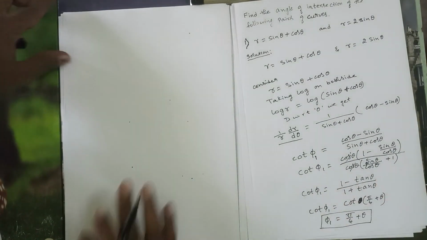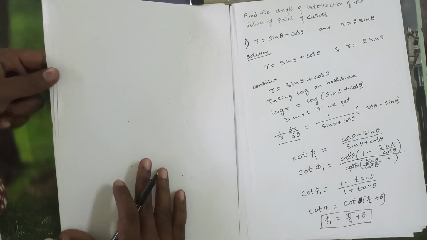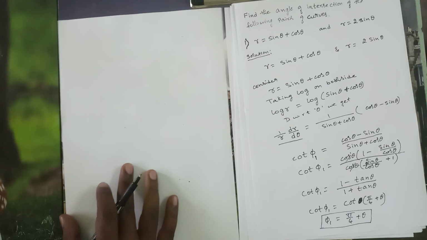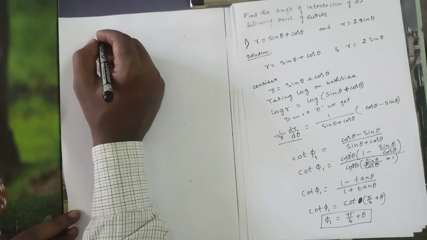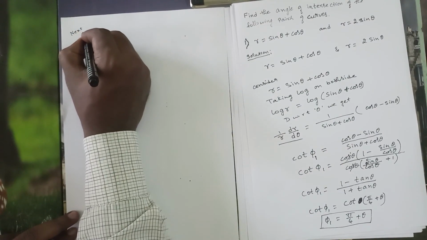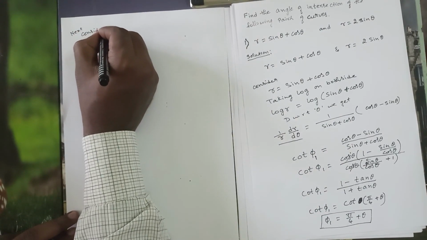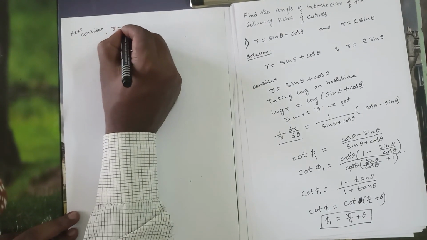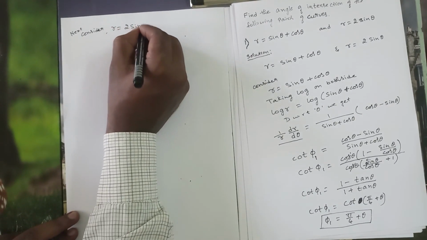Next, consider another curve. What do you get? R equals 2 sin theta.